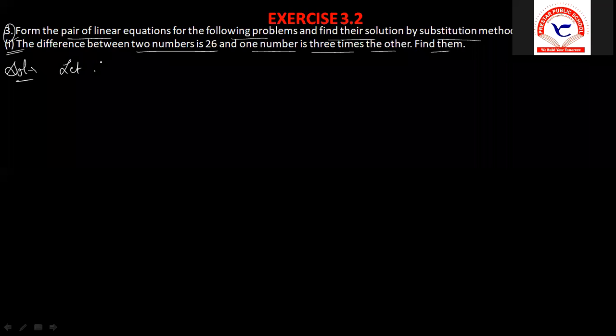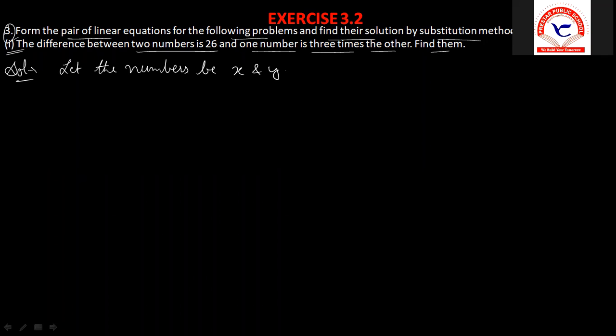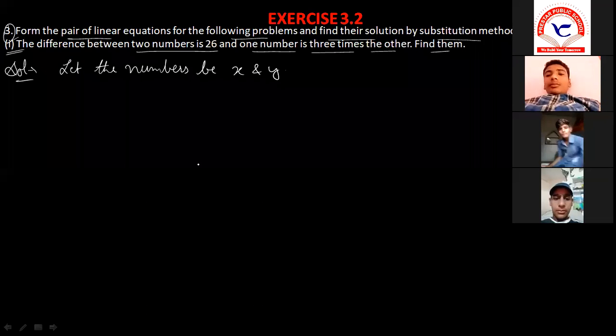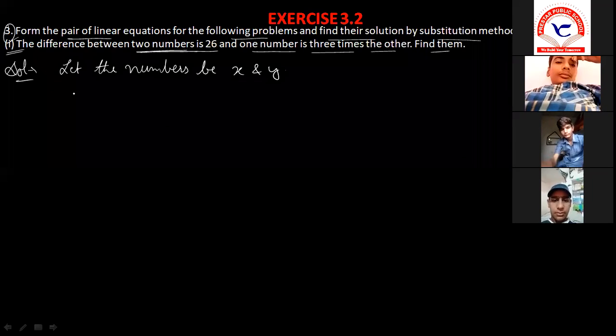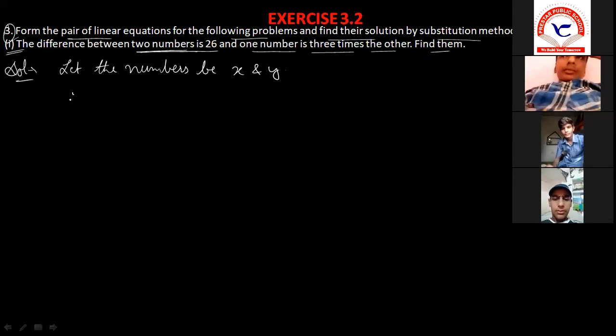Say let the numbers be x and y. So if you take the numbers as x and y, the first condition says the difference between the two numbers is 26. x minus y equals 26.